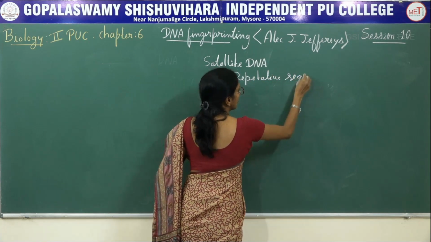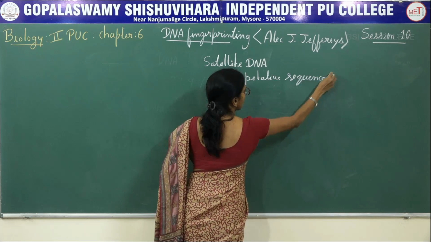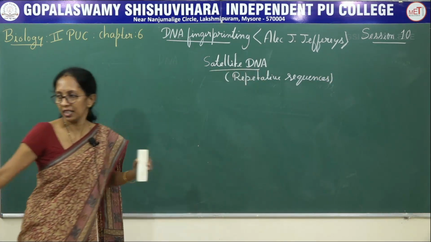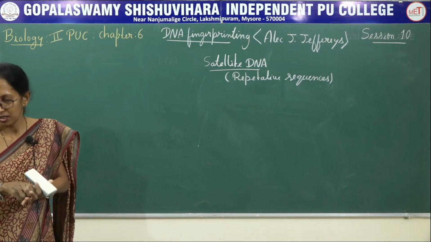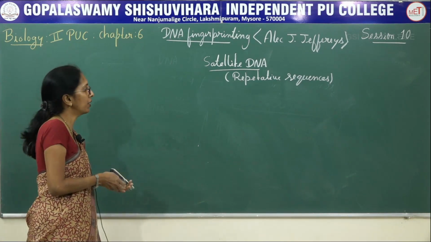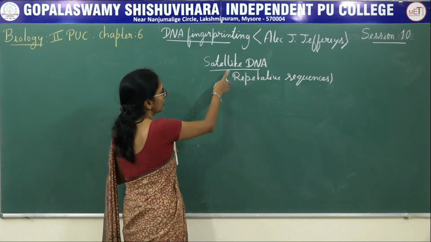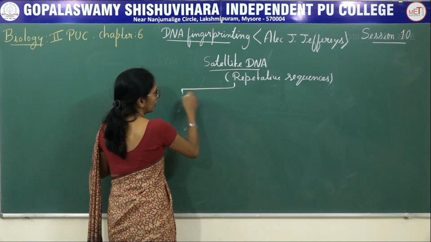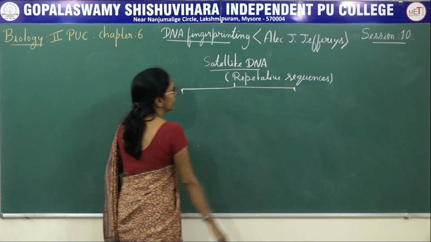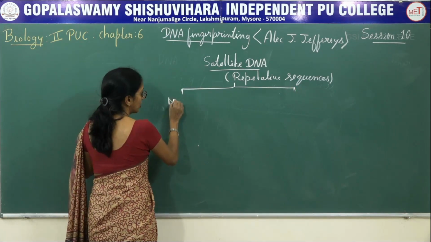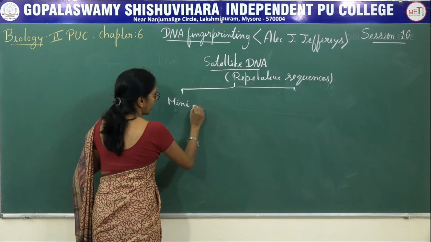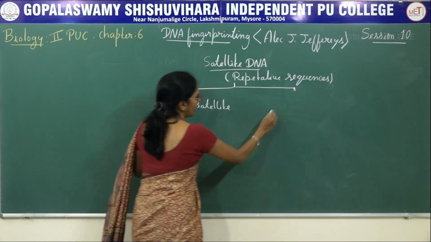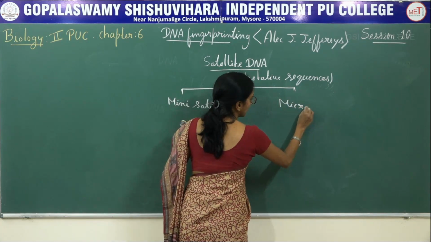Satellite DNA is the DNA which contains highly repetitive sequences. Here there are two types of satellite DNA. One is said to be minisatellite, and the other, microsatellite.